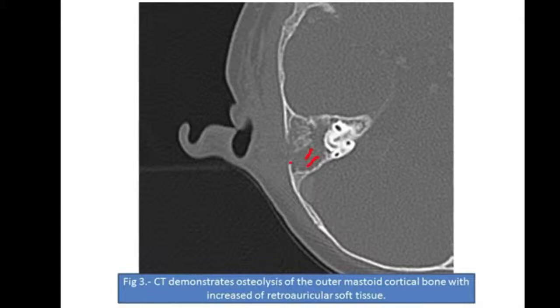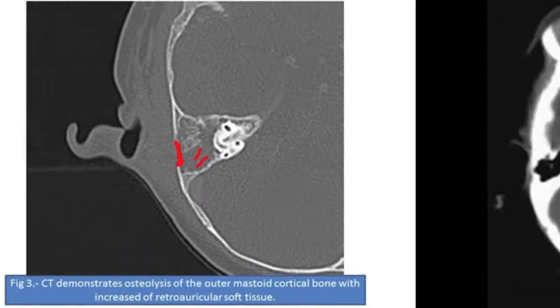And then you can actually see erosion of a significant amount of bone here, causing inflammation from the mastoid to start to seep into the scalp area as well as outside of the temporal bone, causing a significant amount of inflammation that you can see as what we saw in that previous slide.